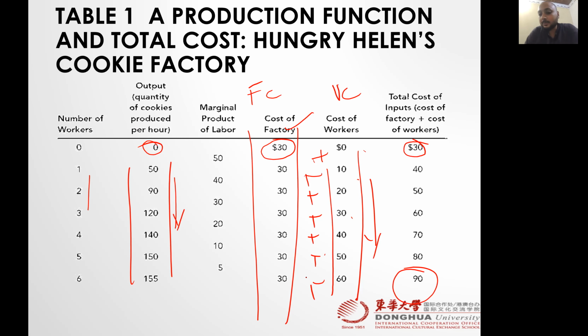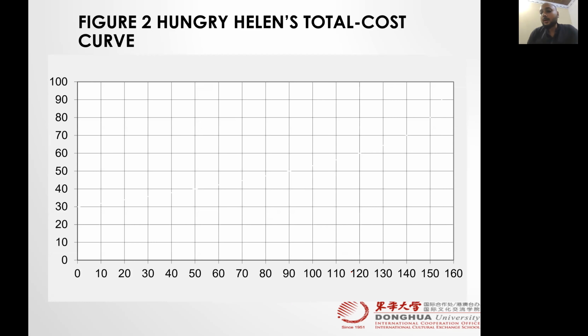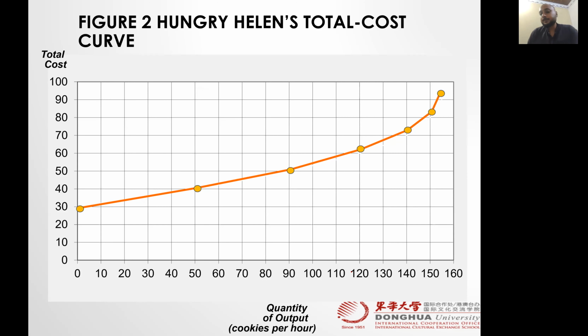So this 90 is coming from 30 fixed, 60 variable. All right? Understand? So I'm not going to be asking you to draw here. Just draw the total cost and the output here. It will be like this.